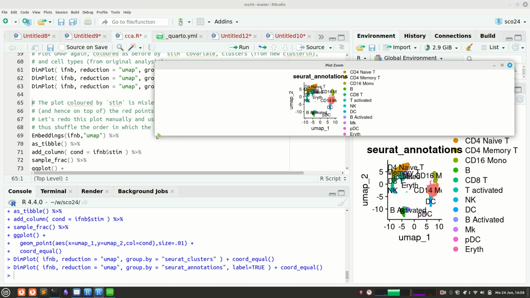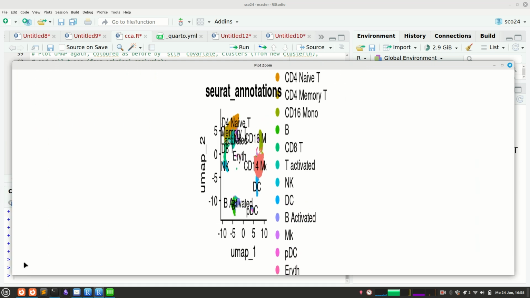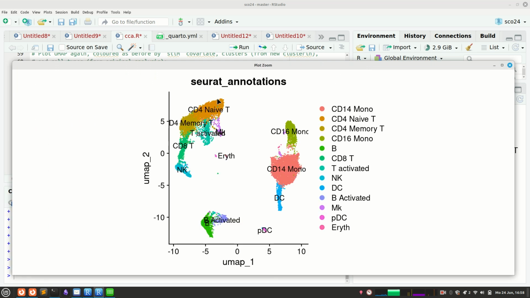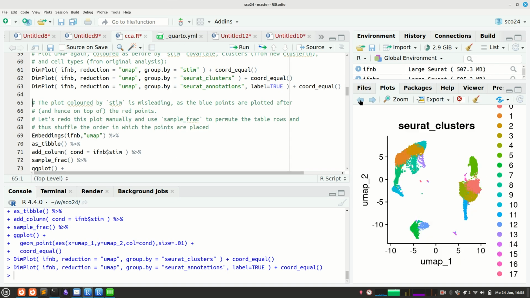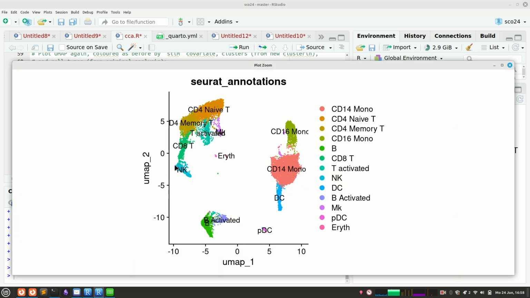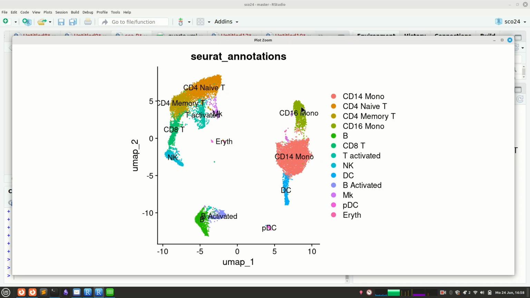Obviously, this is a bit of work to do, but here you can roughly see what we've seen as clusters before. I look at this one here. These are our natural clusters, and they agree quite well with what the original authors of the paper used, and they managed to assign to each one a cell type. So now the cell type assignment worked much better after we have put them together.